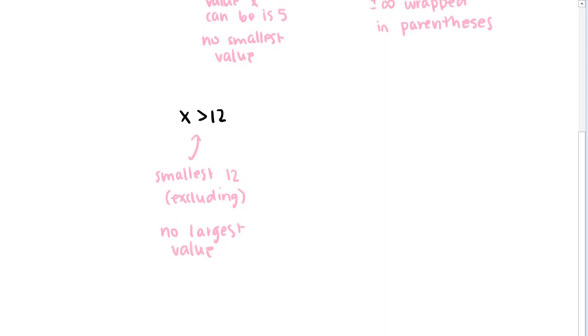And so typically we'll write this in interval notation as, well, we know it can get as small as 12, but not 12 itself, so we will wrap it in parentheses. But there's no bound to how large our values of x can be to satisfy this inequality. So I'll write for my upper bound infinity to describe unboundedness. And then we'll wrap that in parentheses because we always wrap that infinity symbol in interval notation in parentheses.